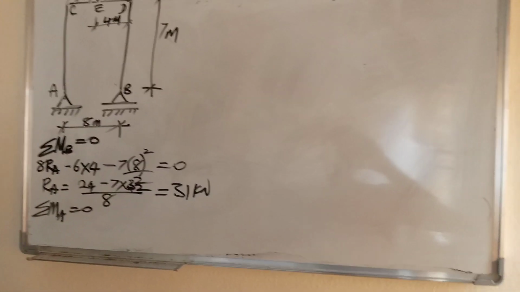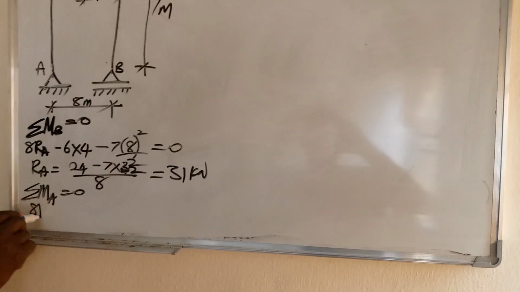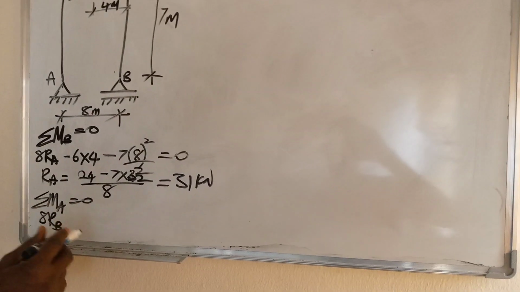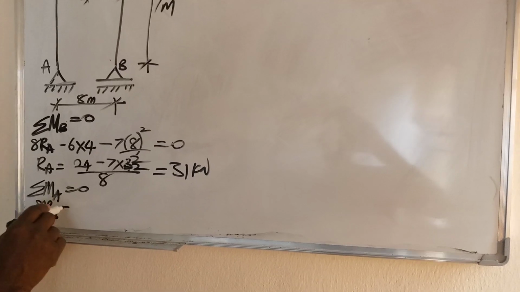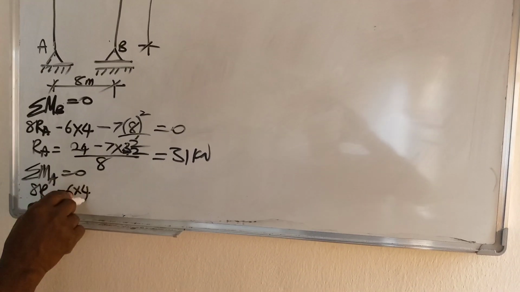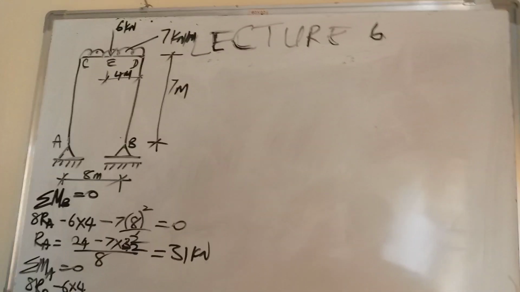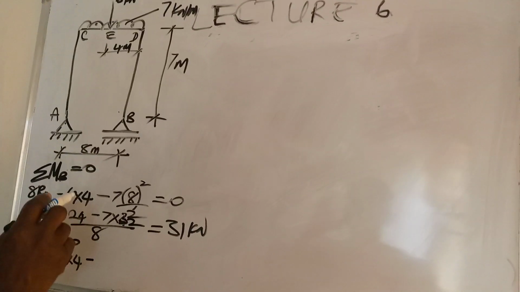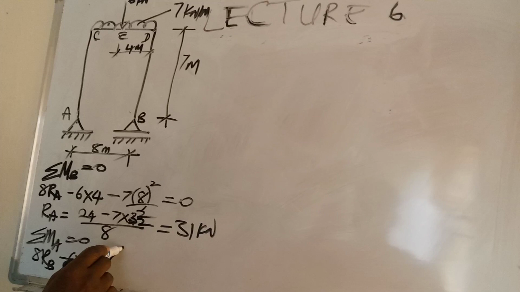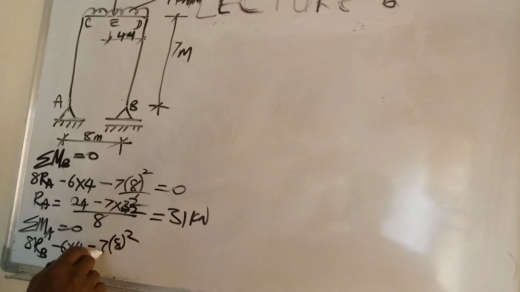In the same way, the sum of moments about A is equal to 0. To get reaction B, I have 8 RB minus 6 times 4, the same distance from E to C, the perpendicular distance, minus 7 times 8 squared over 2.